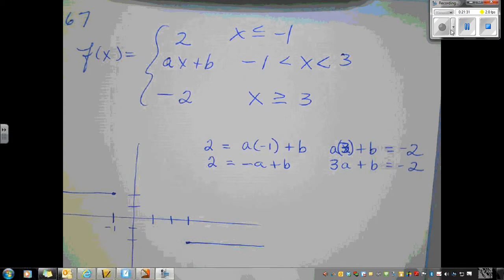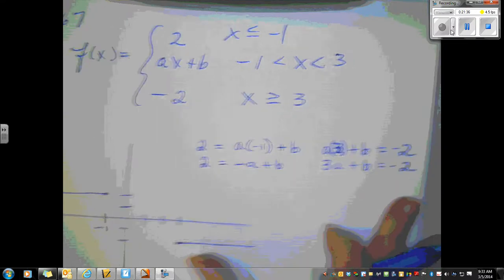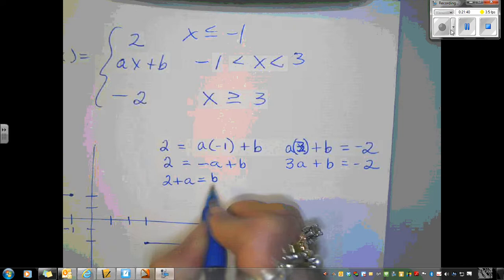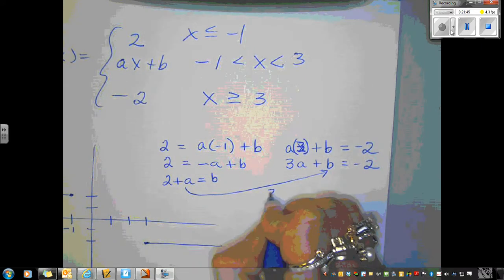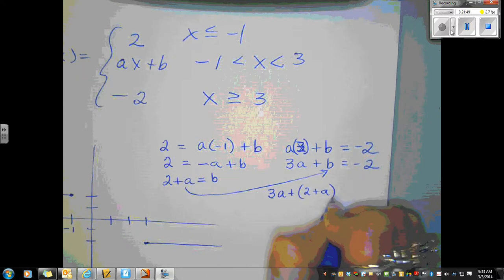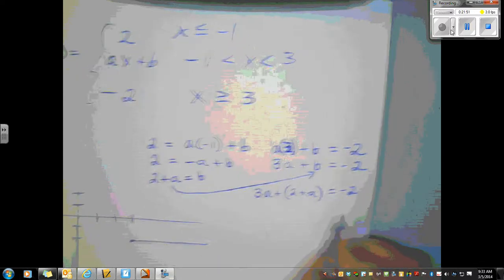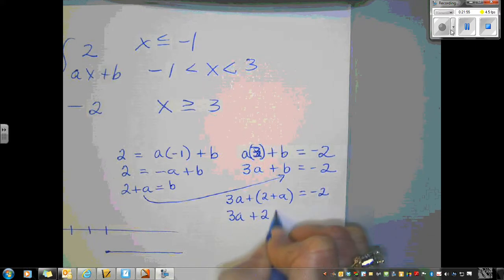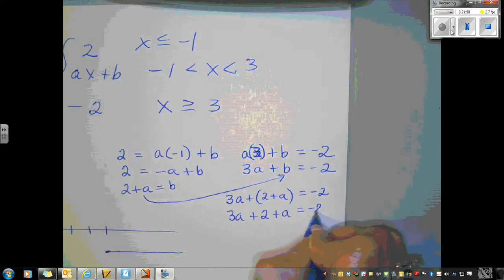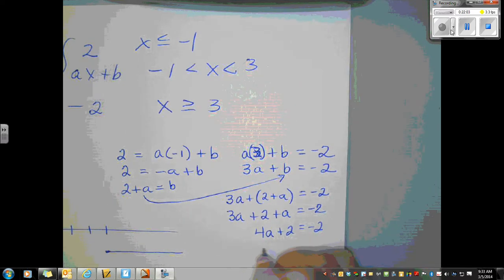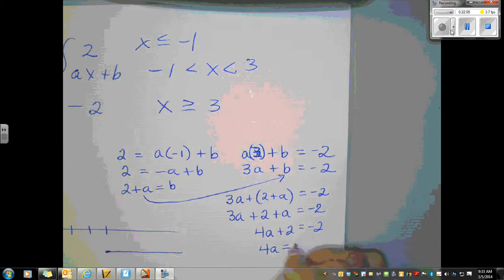Right, I could substitute one into the other. So I could say 2 plus a equals b, and then take this and put this in here for b. So that I would have 3a plus 2 plus a equals negative 2. So I have 4a plus 2 equals negative 2. So I have 4a equals negative 4.